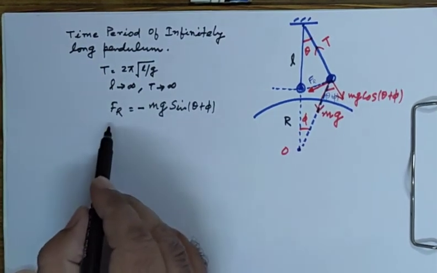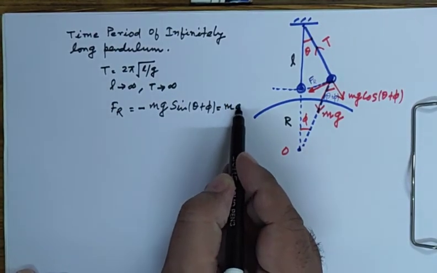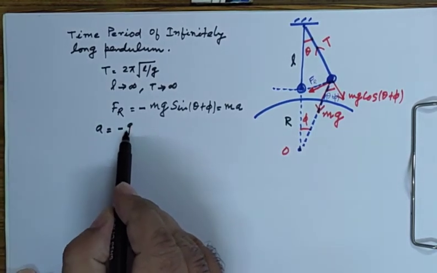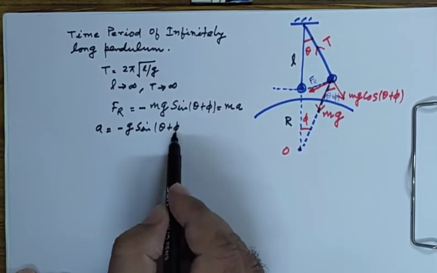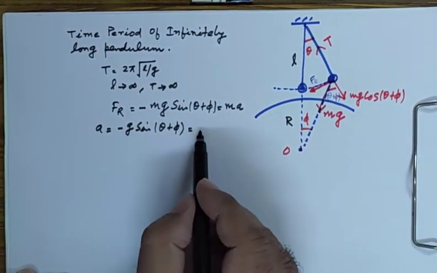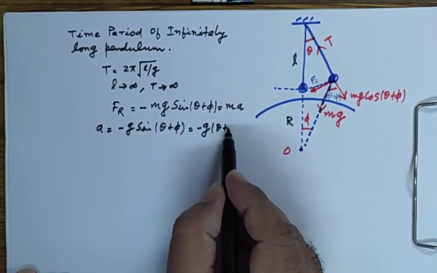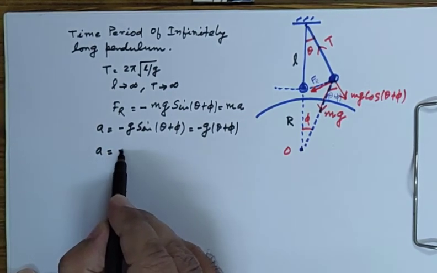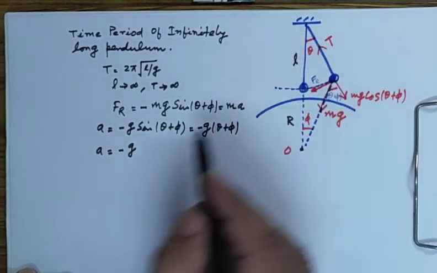So this restoring force can be written as mass into acceleration. So the acceleration of the pendulum would be minus g sin(θ+φ), and we know that if the angles θ and φ are small, this can be written as g(θ+φ). So acceleration is minus g times (θ+φ). θ can be written as arc divided by radius.